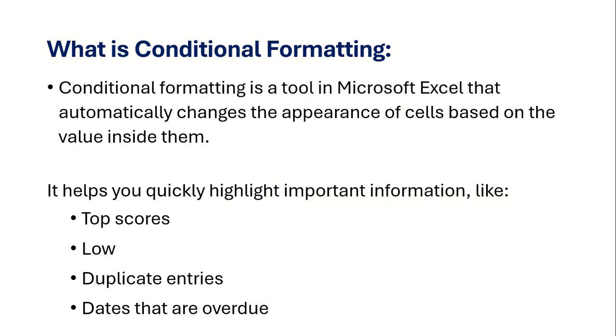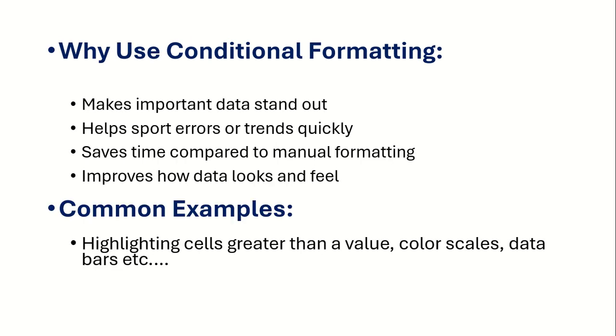Conditional formatting is a tool in Microsoft Excel that automatically changes the appearance of cells based on the value inside them. It helps you quickly highlight important information like the top scores, low scores, duplicate entries, and dates that are overdue. Why use conditional formatting?